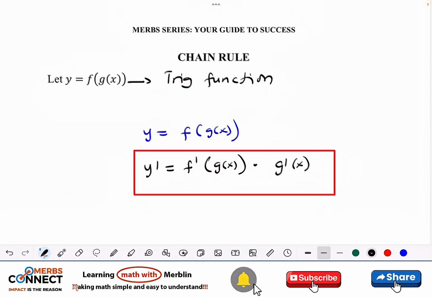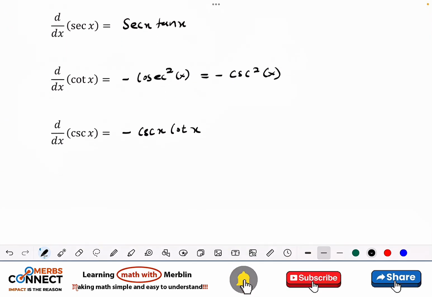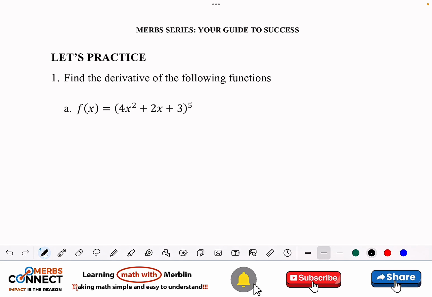Now that we've talked about chain rule and the basic trig functions, let's take some examples and use the idea of chain rule. I'm assuming that I'm now teaching it. Which chain rule are we going to use for this?